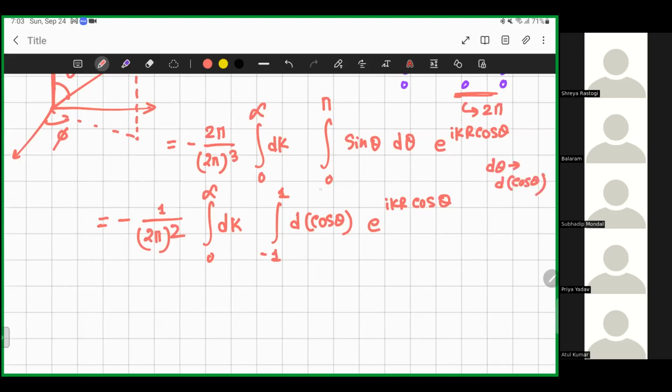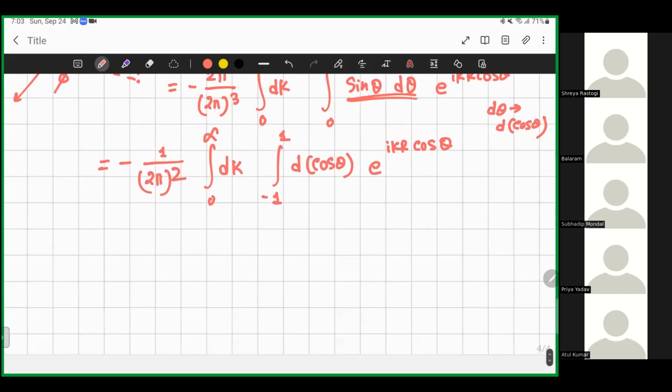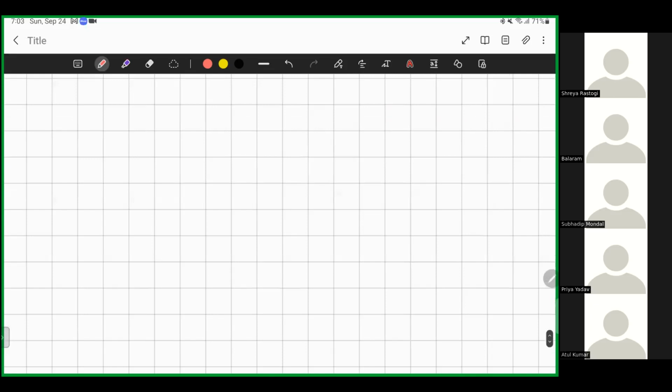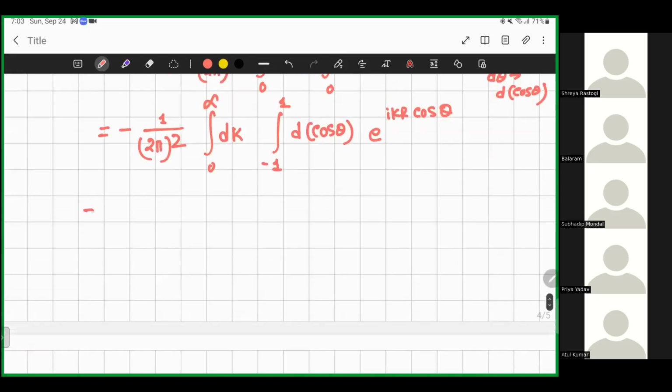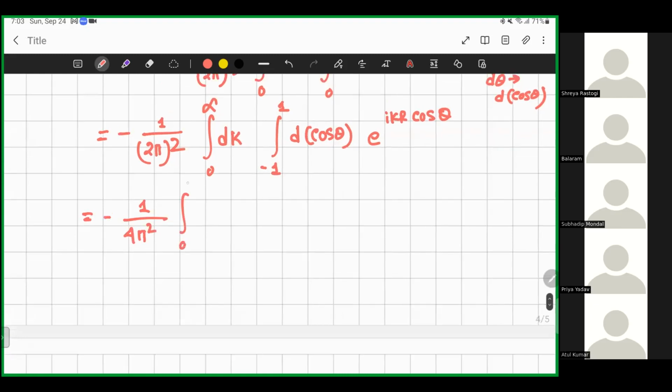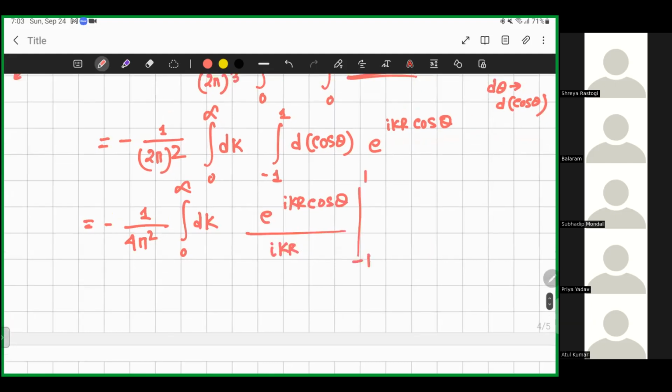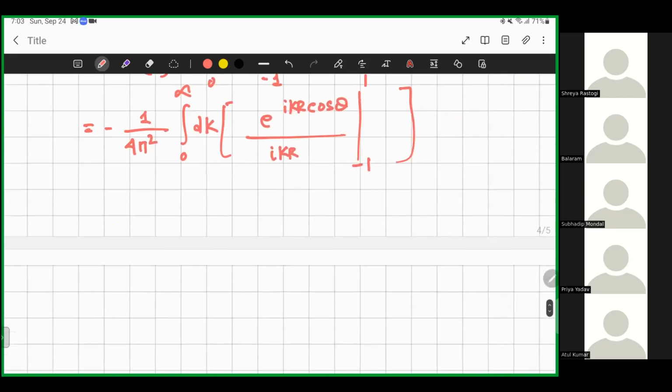Then the limits change to -1 to 1, and sine theta d theta becomes d cos theta. So it will be minus 1 by 4 pi square, 0 to infinity dk. This integration is straightforward. It will be e to the power i k r cos theta divided by i k r, from -1 to 1.